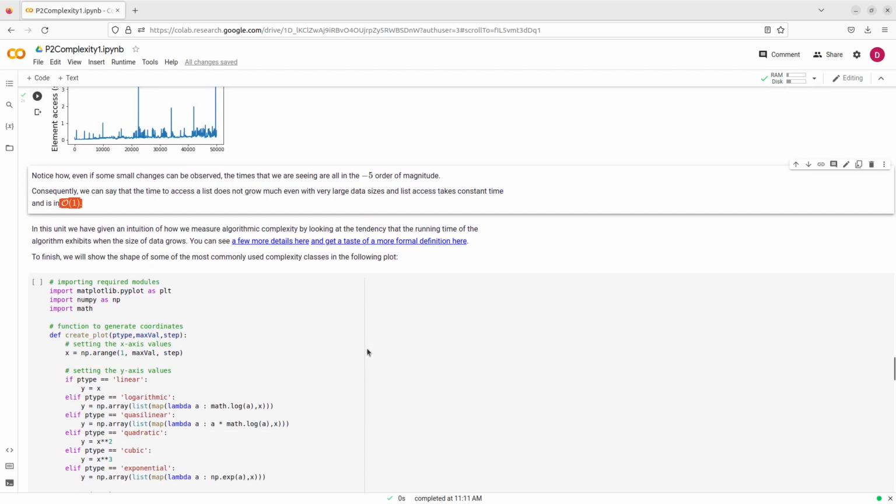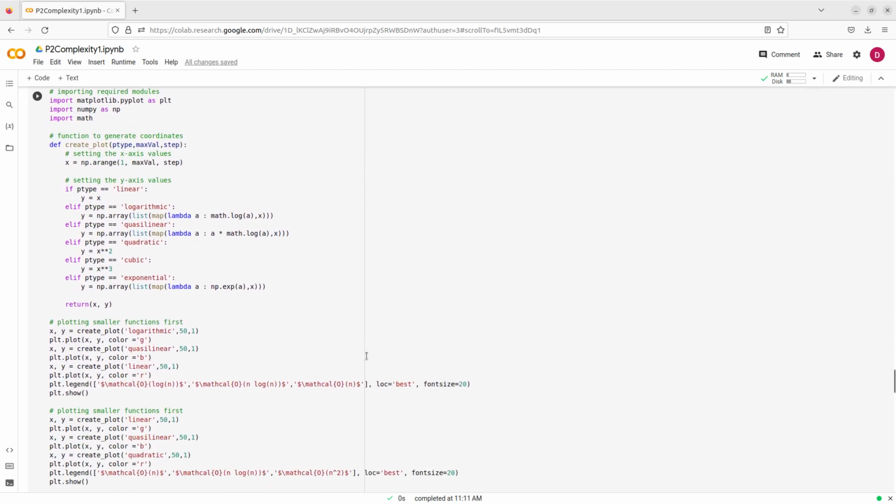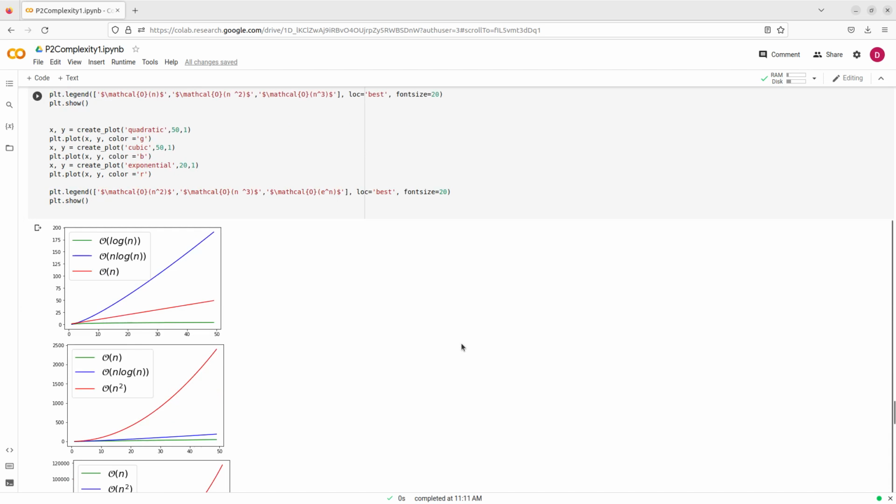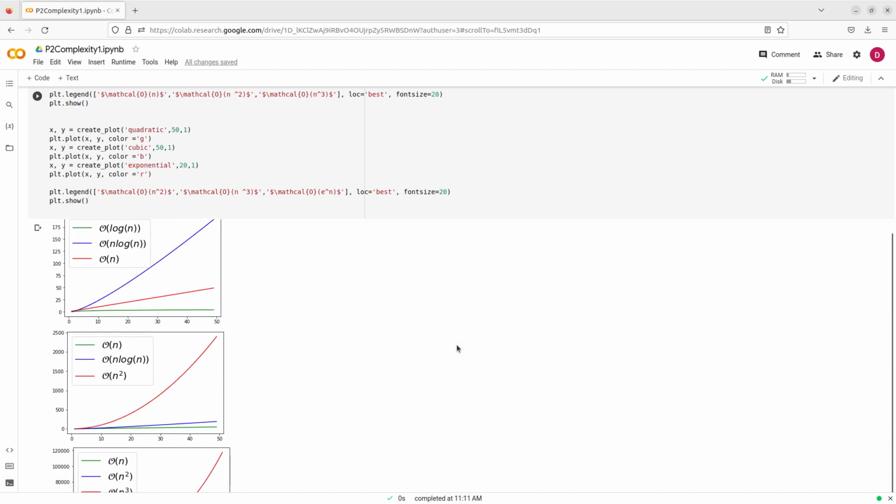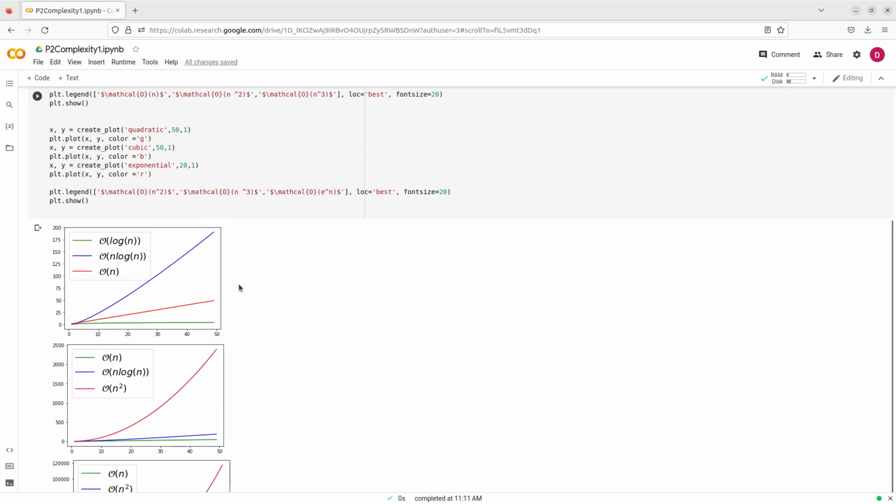We are going to be seeing many, many more complexity classes, and I have plotted some of them here. Sometimes this mathematical notation that we can understand that these functions show a behavior. Okay, here we have the line that more or less we had seen before. Here we have drawn it nicely.